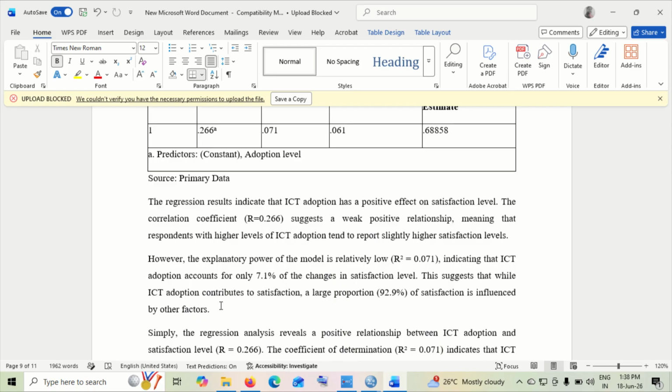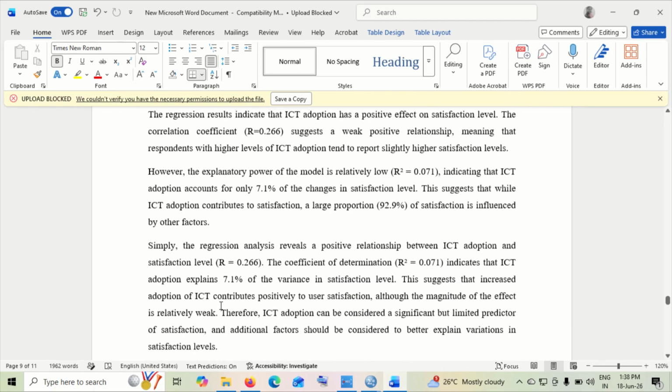Simply, the regression analysis reveals a positive relationship between ICT adoption and satisfaction level with the R value of 0.266. The coefficient of determination, that is R square 0.071, indicates that ICT adoption explains 7.1% of the variance in satisfaction level.